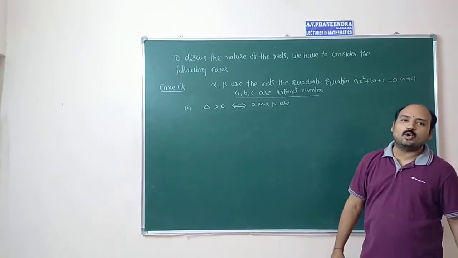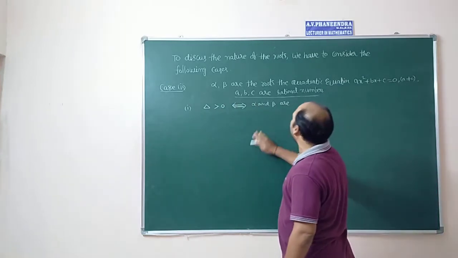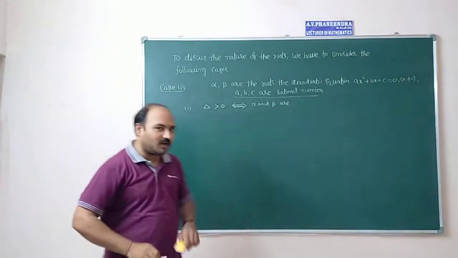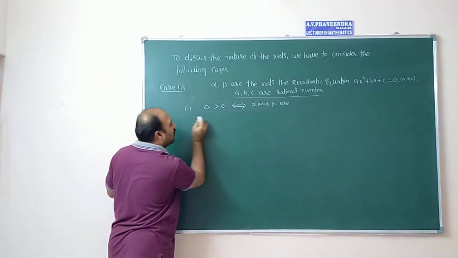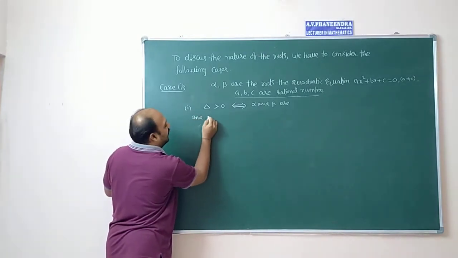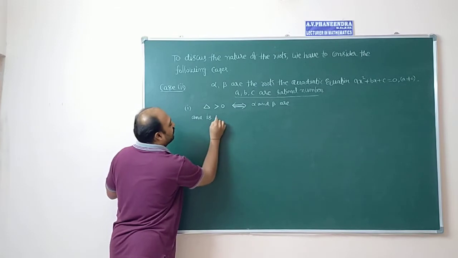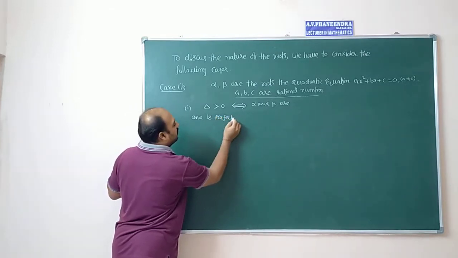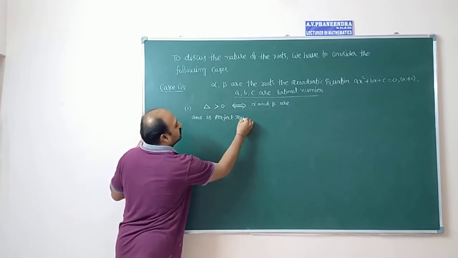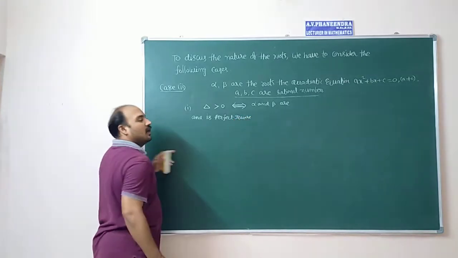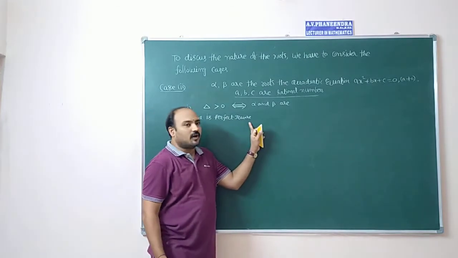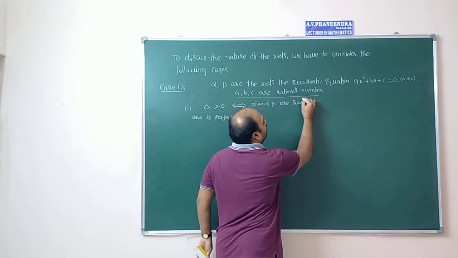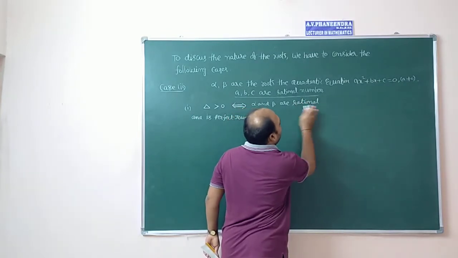Delta is greater than 0 here, a very important condition: delta is greater than 0 and is a perfect square, if and only if alpha and beta are rational and distinct.